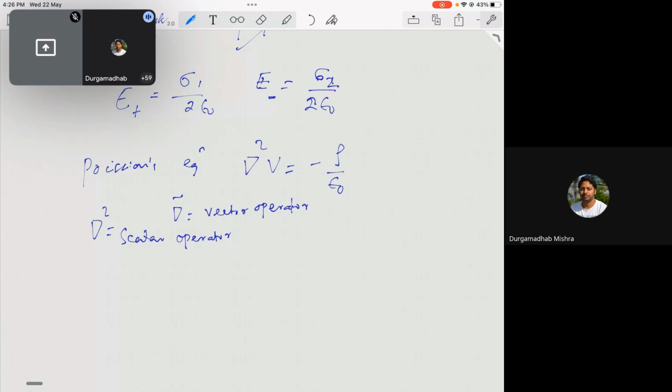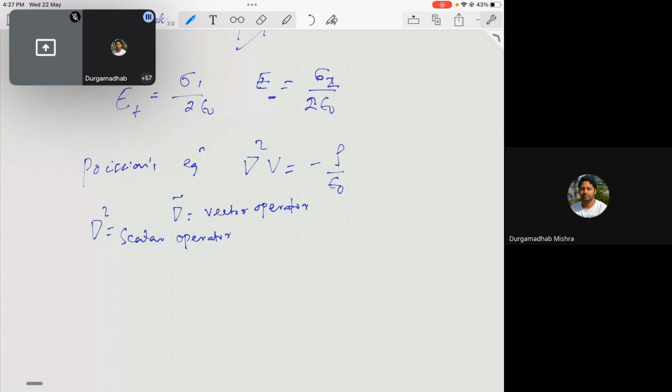Of course, there are also situations where it may operate on a vector field, but to keep things simpler, we say del square is a scalar operator which operates on a scalar field, or let's say a scalar function.